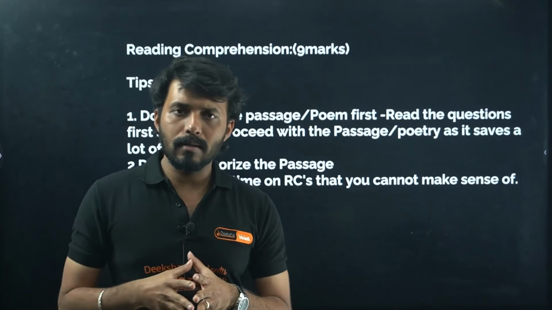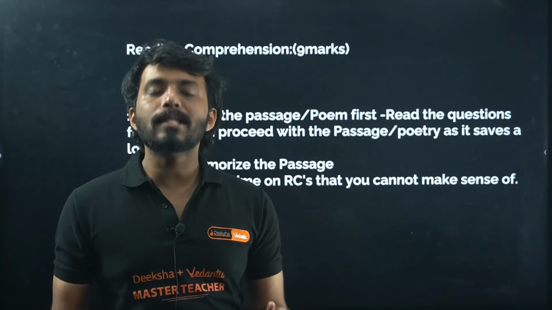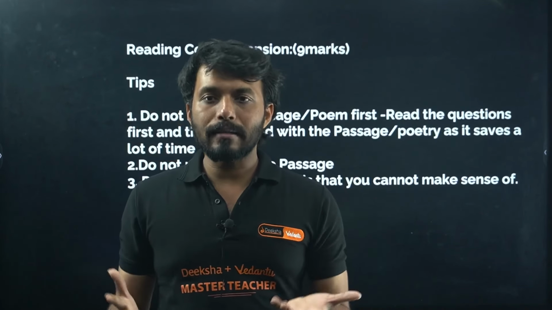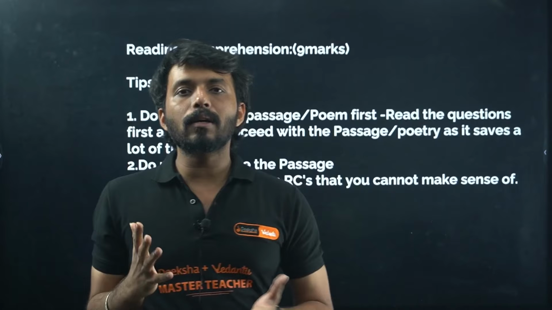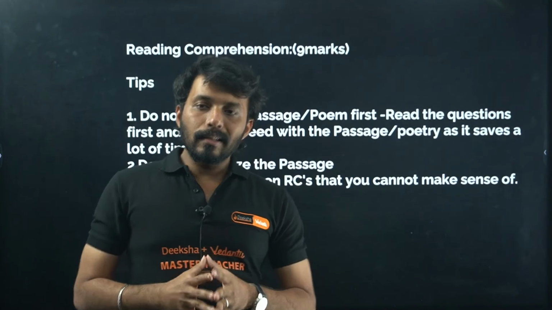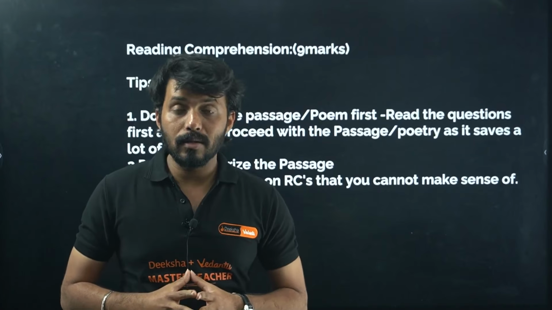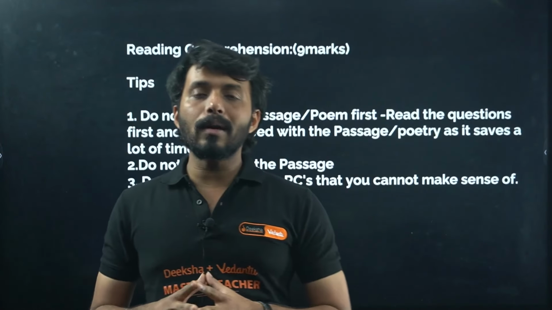Read the questions first. A set of 8 or 9 questions will be given to you. Read the questions once, if not twice. That way you will have a rough idea of the questions. Then proceed with reading the unseen passage or the poem. And how does that help?